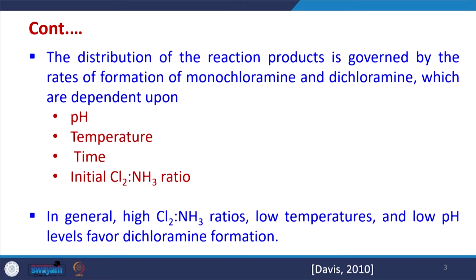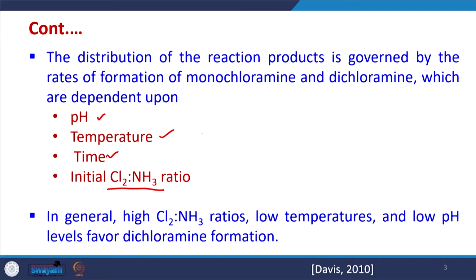Now, the distribution of the reaction products, that is, whether mono-, di- or trichloramine will be formed, is dependent upon the pH, temperature, the time for which the reaction is available, and the ratio of Cl2 to NH3. This ratio is one of the very important parameters along with the pH, because temperature is in the usual range in which operation is done, and generally time is also sufficient.